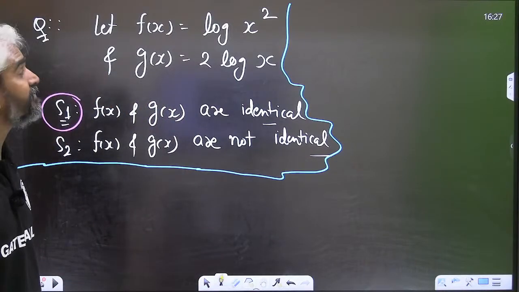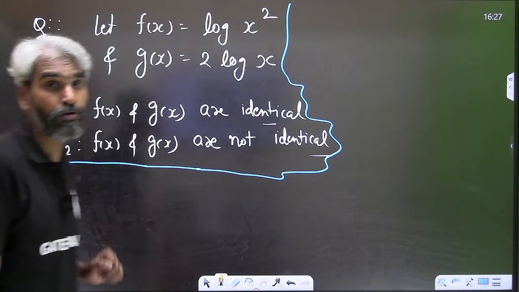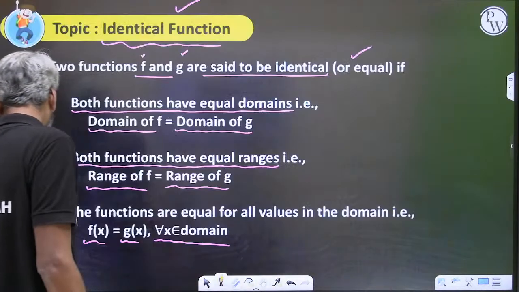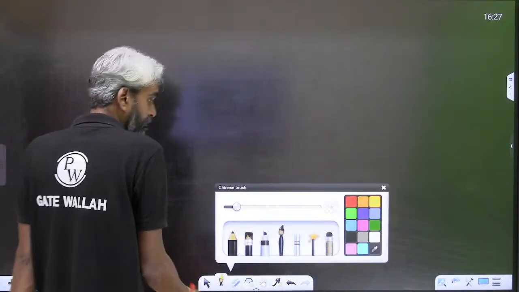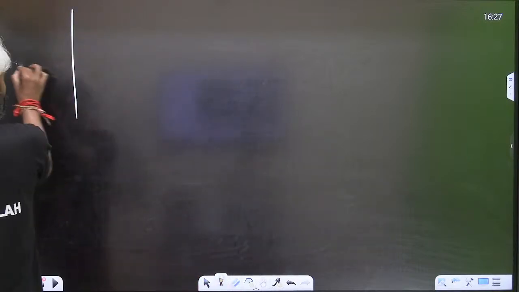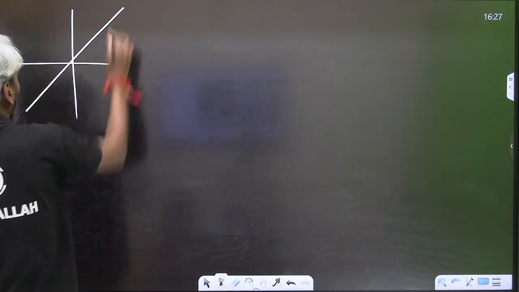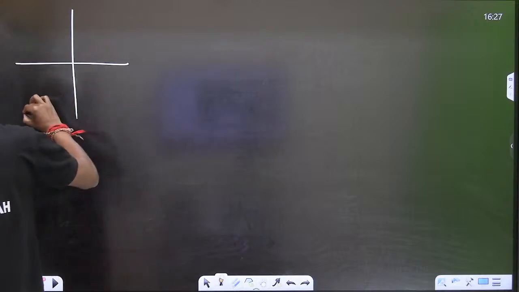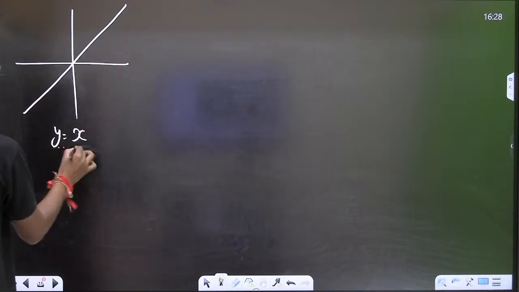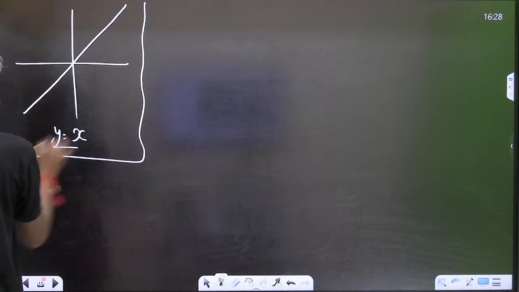So please try to understand. Do you know about the log function? So let me try to give you some intuition behind the functions. This is basically the graph for y equals x. Yes or no?